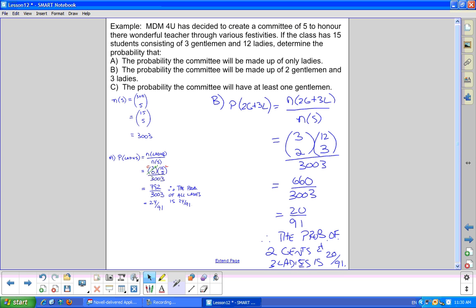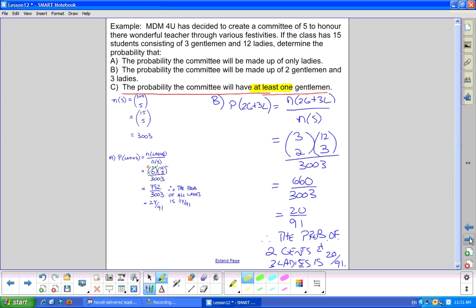The final example, and I've talked to several people about this. I'm just going to go to the next page here in a sec. The probability the committee will have at least 1 gentleman, and the key phrase there, and this is what some people are going to grow not to want to see, is that at least statement, at least 1 gentleman.